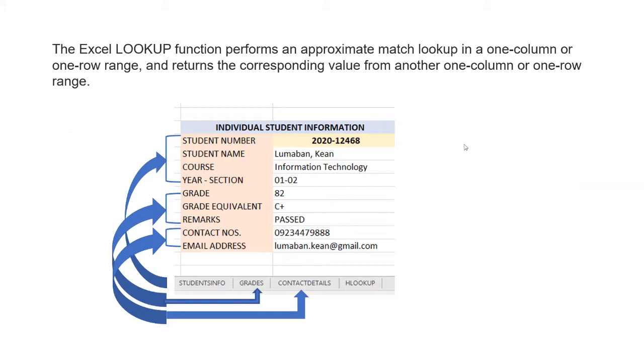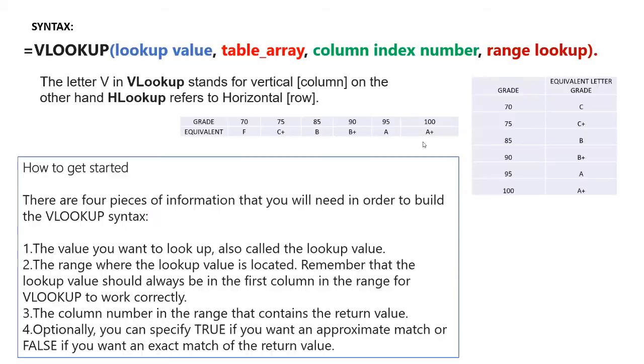For example, if I want to display individual students' information like this, coming from different worksheets, we will be able to do this using the Excel lookup function. Okay, so let us discuss first the VLOOKUP.